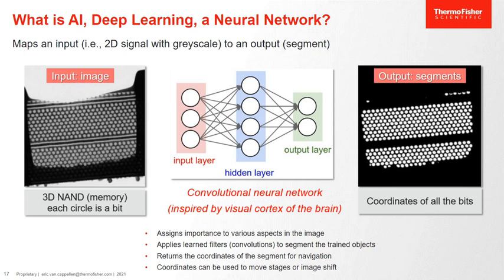That is the stuff that's inspired by the visual cortex in your brain. Once you've trained the network to look for something, it'll start applying filters. It has a bag of tricks, and it will exhaust that bag of tricks until it detects the trained objects 100%.